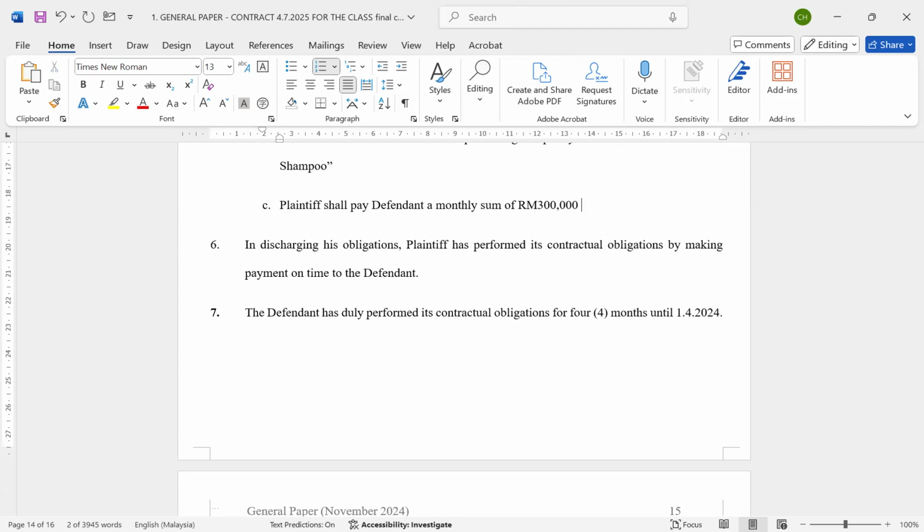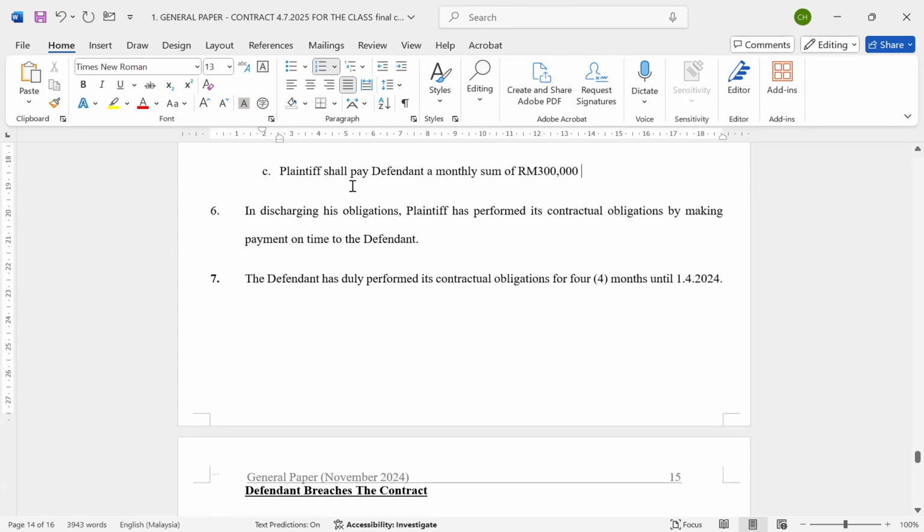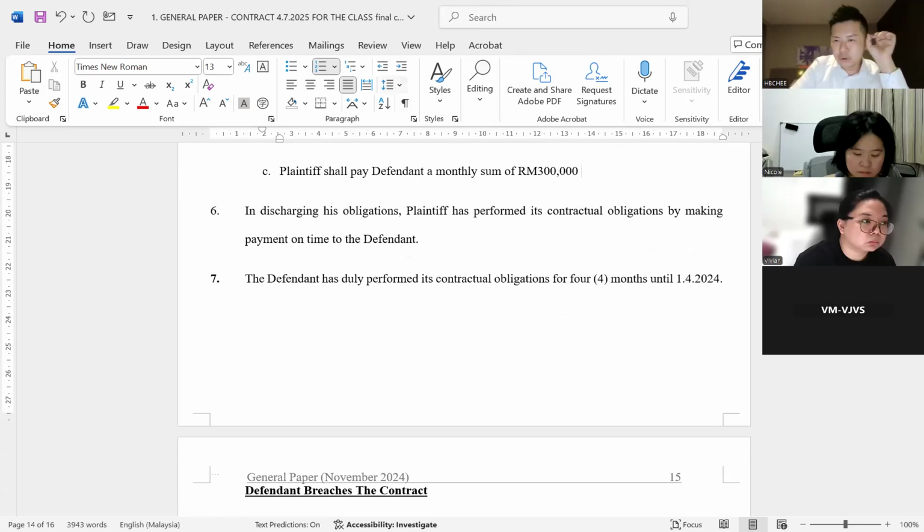No need, already said paid defendant money sum. Okay. In discharging his obligation, subsequently you must say your client is good and obeying the law. It is not my fault. Push the responsibility first, like this. Okay.